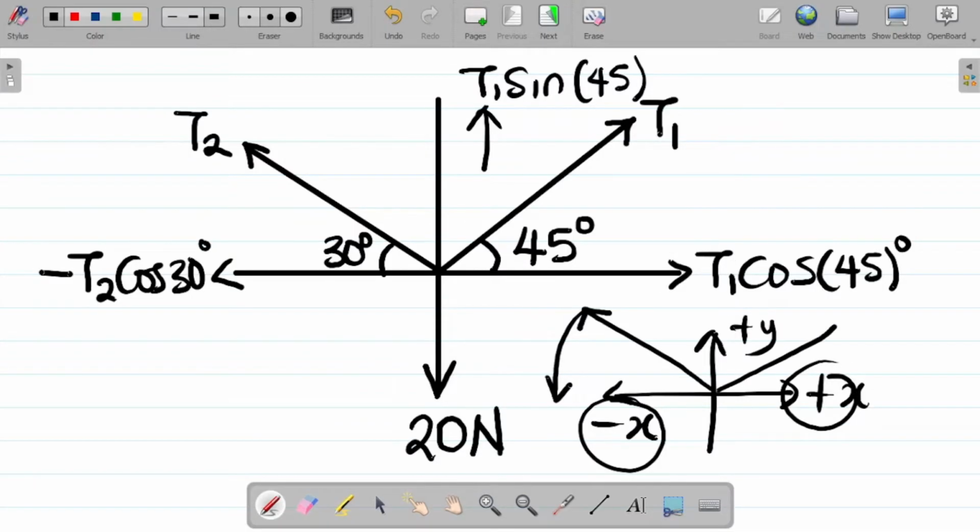So when I had T1 here and resolved it this way, I had positive T1 cos 45. If I resolve T2 this way, which is the vertical component, you can see you have your positive y, so it becomes positive. In essence, what I'll have here is T2 sine of the angle, that's sine 30.